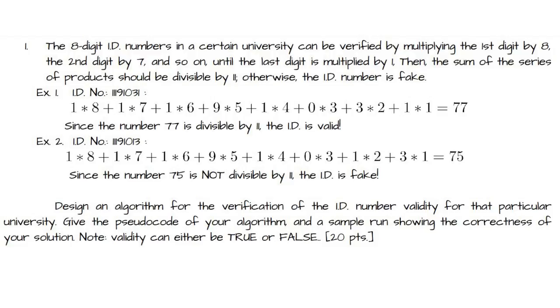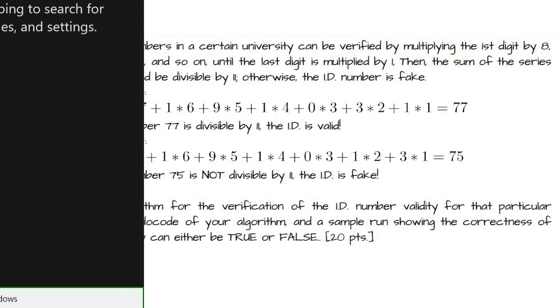So the problem states that design an algorithm for the verification of ID number for that particular university. So give the pseudocode of your algorithm and sample run. So first off, let's examine the possible inputs of our algorithm.